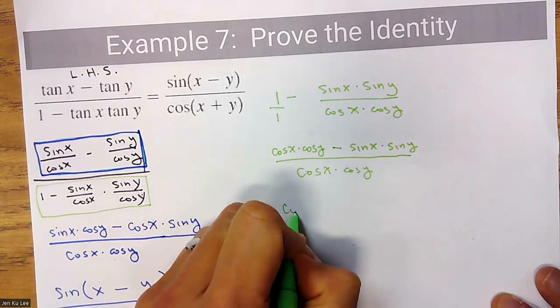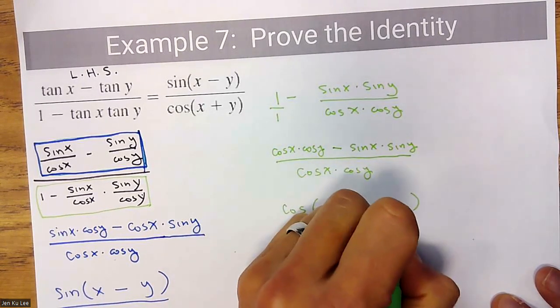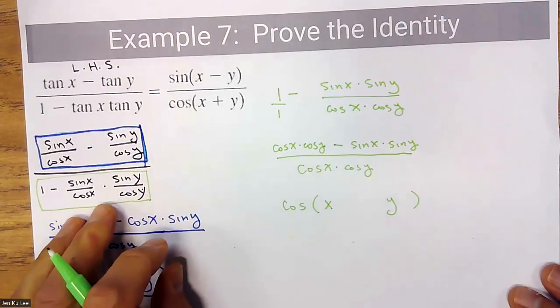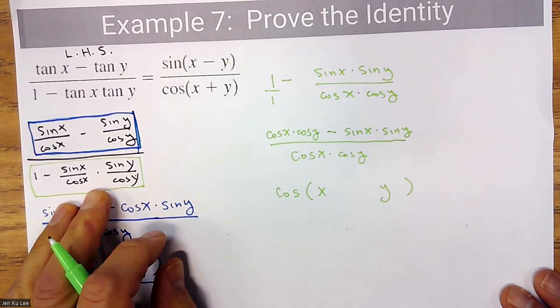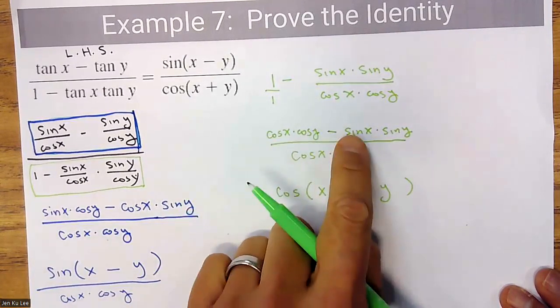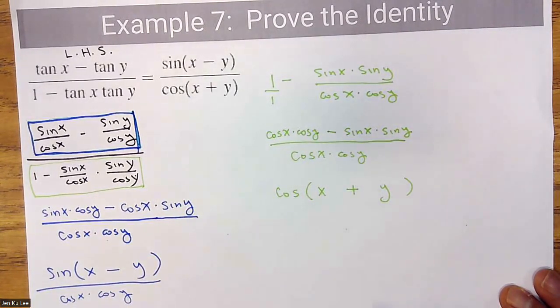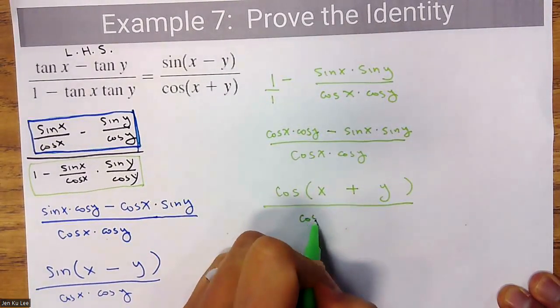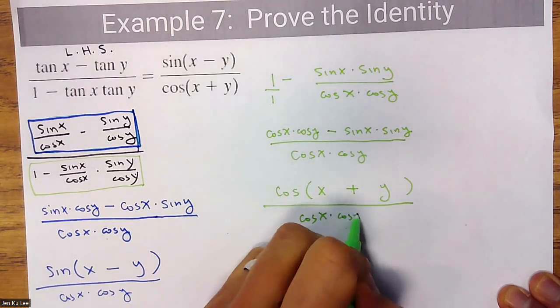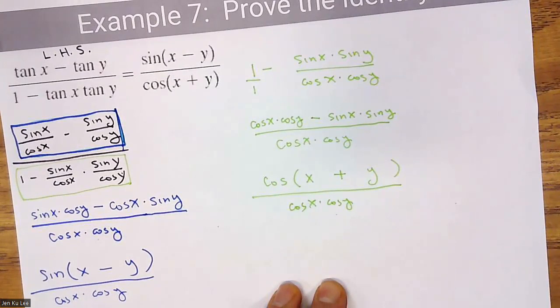So it's a cosine addition or subtraction of my two angle measures, x and y. And since cosine switches signs, since that's a minus, this is a plus, over cosine of x times cosine of y. That's my simplified version. Okay?